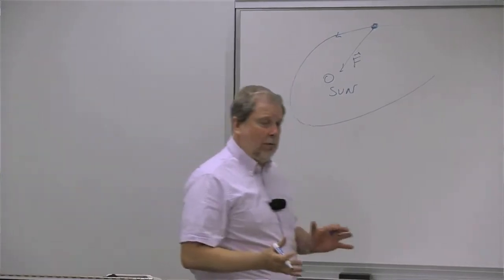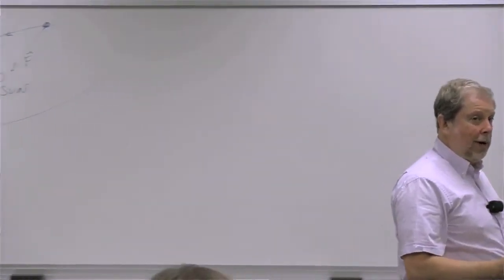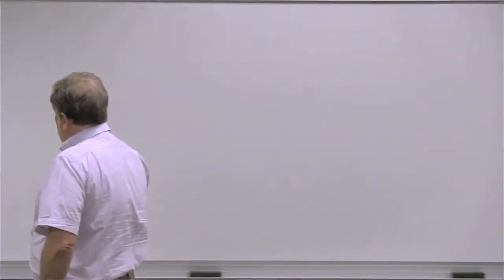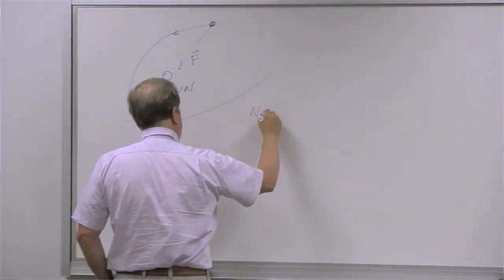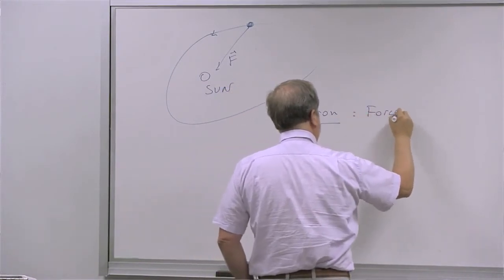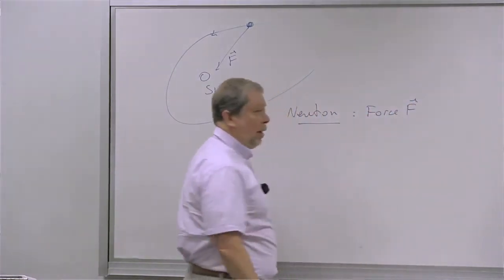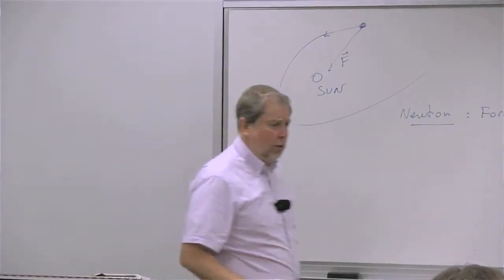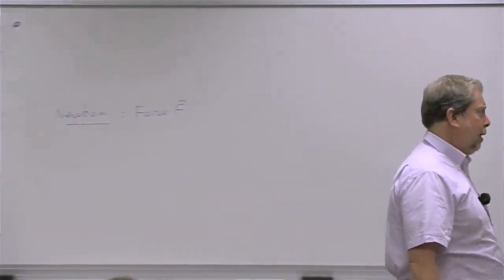It involves the 2 masses, the gravitational constant, and 1/r², and it is directed towards the sun. So in Newton's picture, you have a force, F, that is pulling the earth towards the sun, and of course the sun also gets pulled towards the earth, so it's mutual.